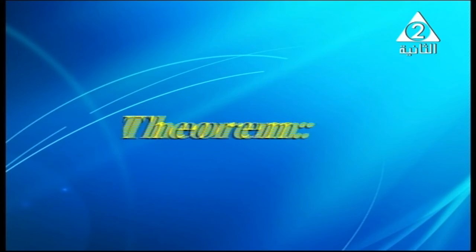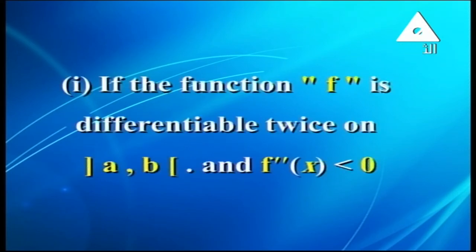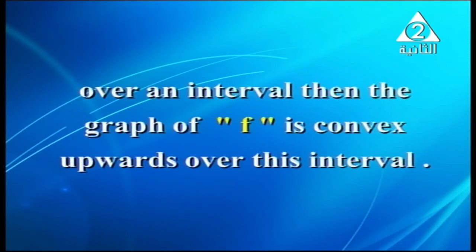Look at this, my dear student. Very important theorem. If the function f is differentiable twice, or has a second derivative, on the open interval ab and f double dash x is smaller than 0 over the interval, then the graph is convex upward over this interval.